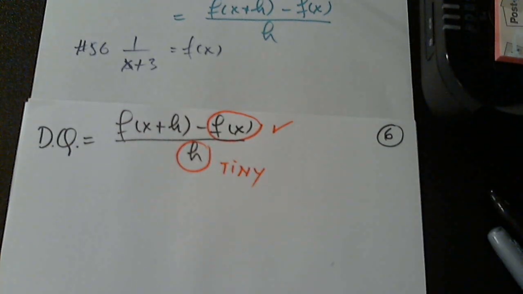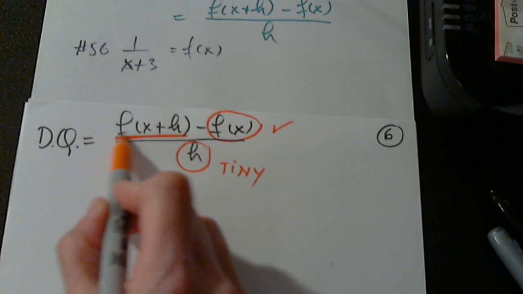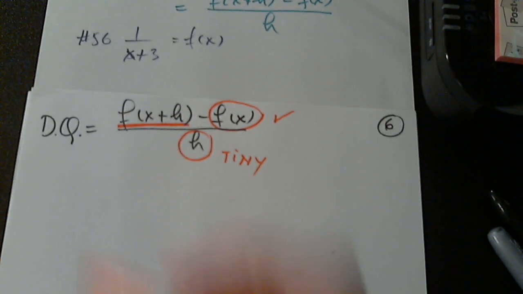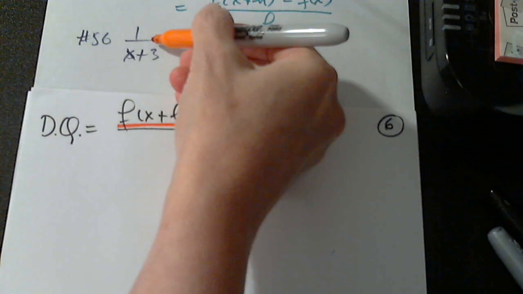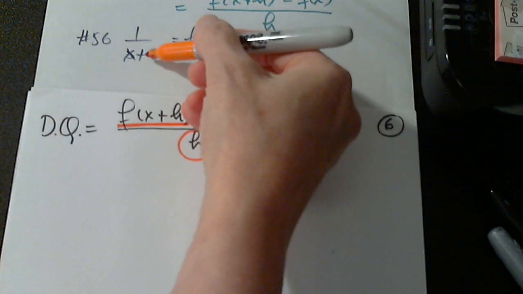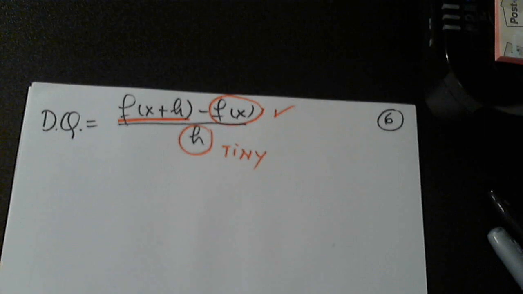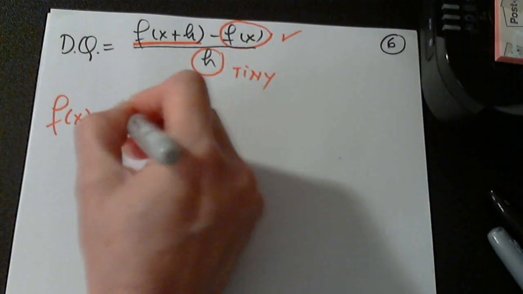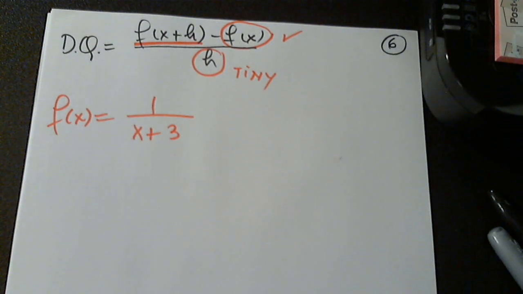We cannot simplify, we cannot do anything to it. This is the only portion that we have to worry about or be careful about. Can anyone tell us how to determine f of x plus h for this function? And before you say anything, our function f of x equals 1 over x plus 3.